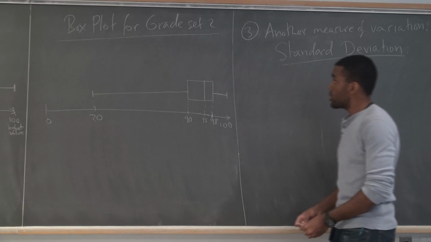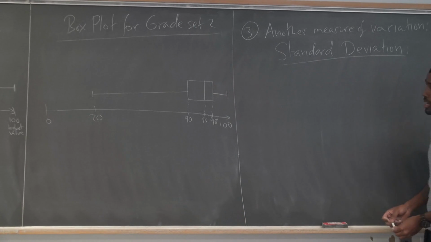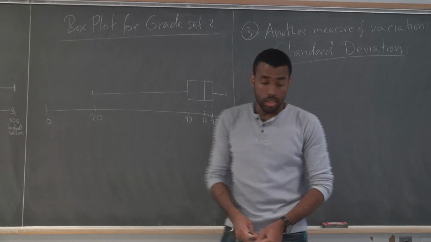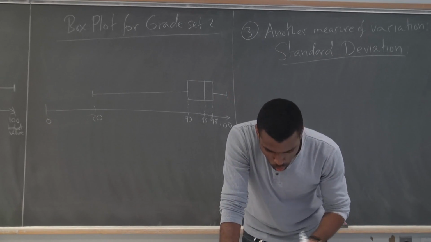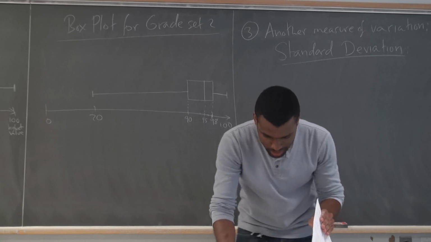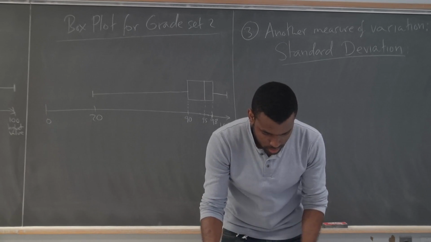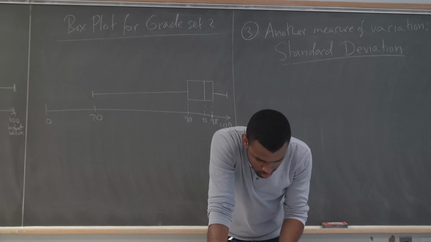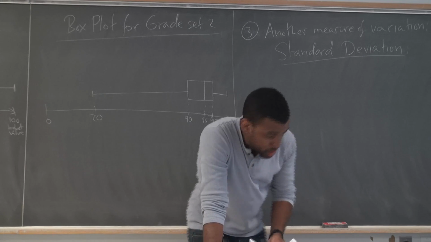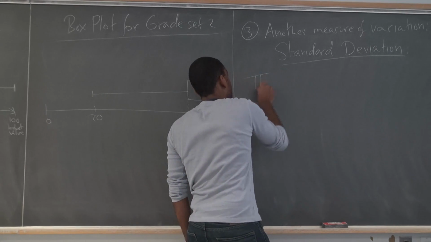So now we are going to talk about the standard deviation. This one shows up all the time, and I'm going to probably talk about why we use it so often later. Because it gives us a lot of predictive power, this one. And it's probably the most famous measure of variation.